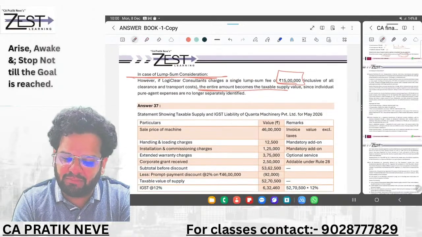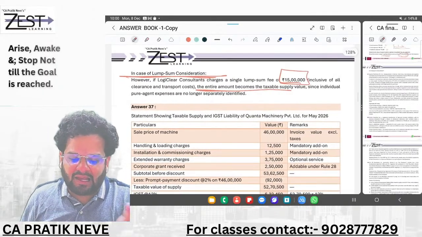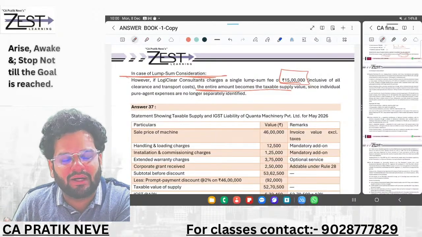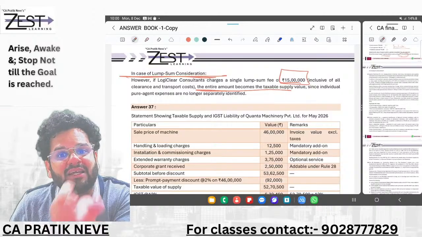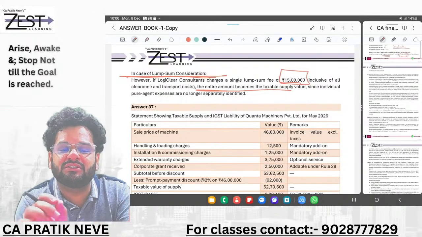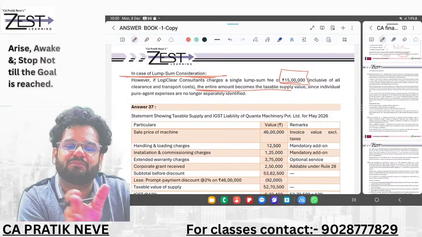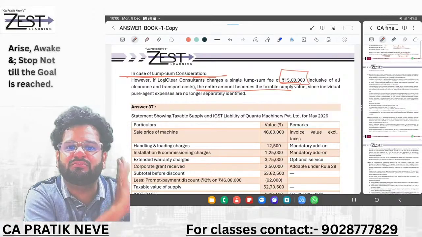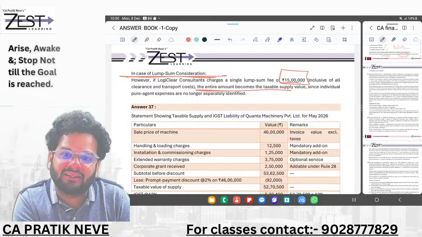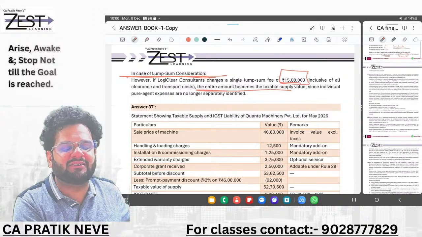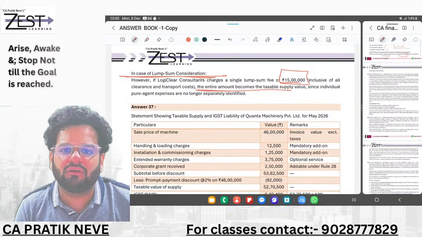Means in the example which I gave you now, that 1 lakh I have paid on your behalf to government as advance tax, when I make invoice to you, I should not say 1,05,000 is the professional fees plus advance tax paid. No, I should say 1 lakh reimbursement of advance tax and 5,000 my professional fees. Then only 1 lakh will be excluded and GST will be only on 5,000.